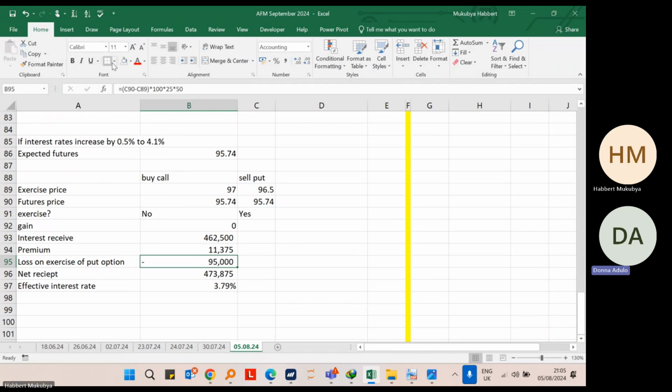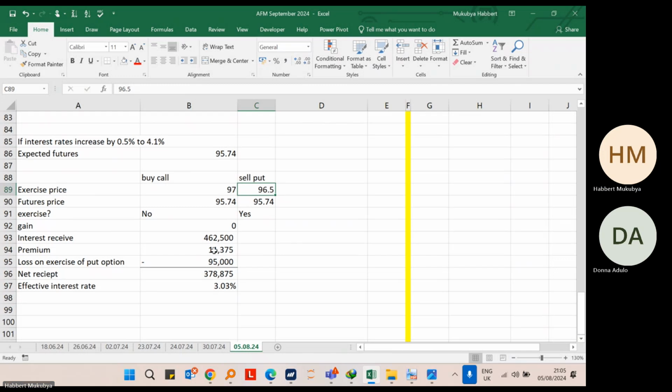Wait, why are we including the loss under our situation of the call? Or is it because under the call option you get the difference? So what we do is that, because if this person exercises, what it means is that we are going to pay them, because remember the option is that they are going to be able to sell at 96.5.